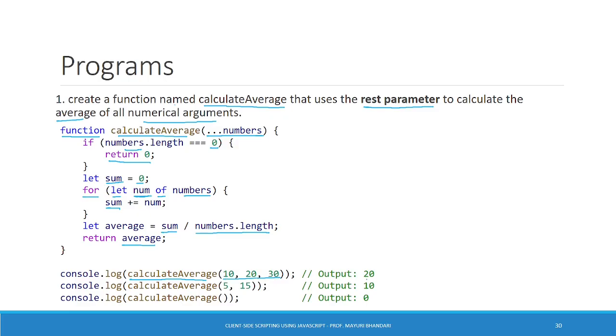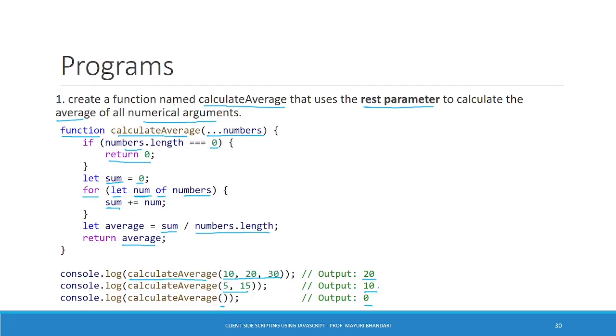This function will give you average as 20. If I pass 2 parameters, average of these 2 numbers will be calculated as 10. And if I am not passing any argument here, this will return 0. So in this way, we have written a function using rest parameter to calculate average of all the arguments.